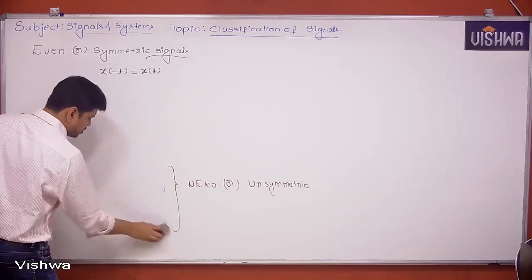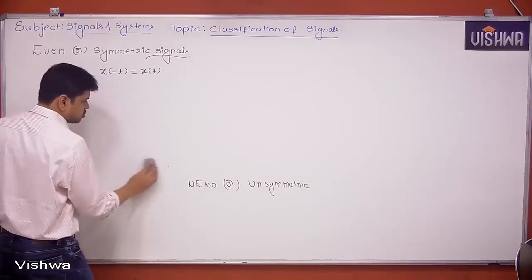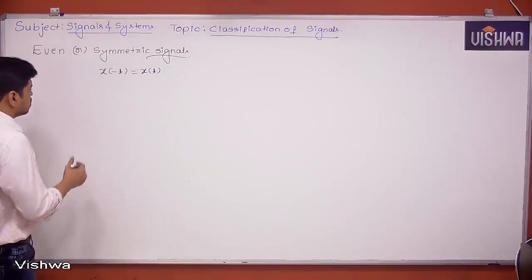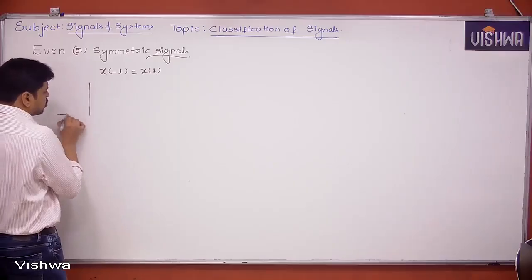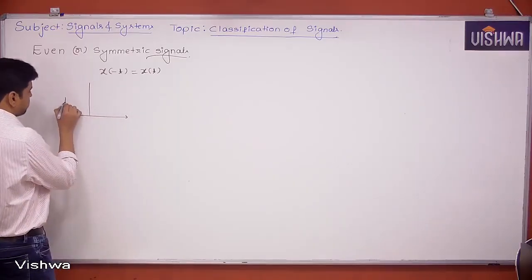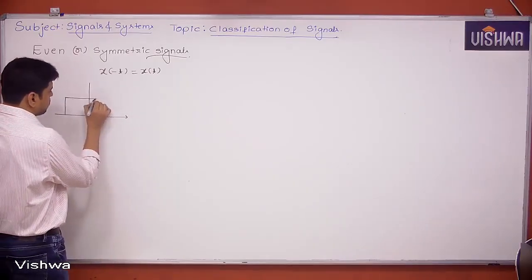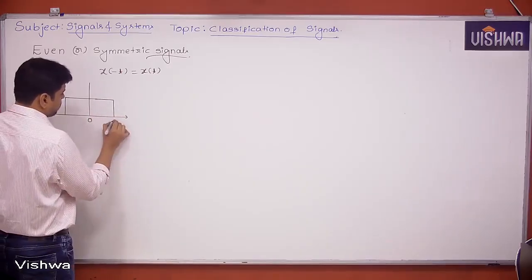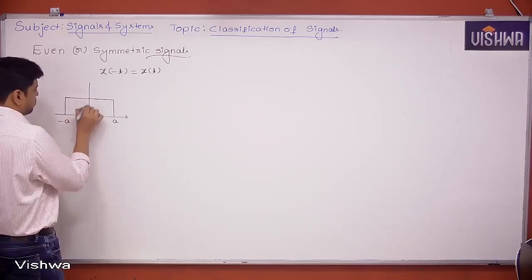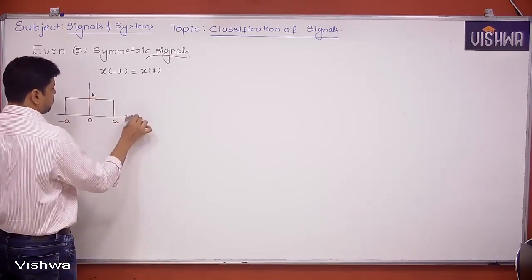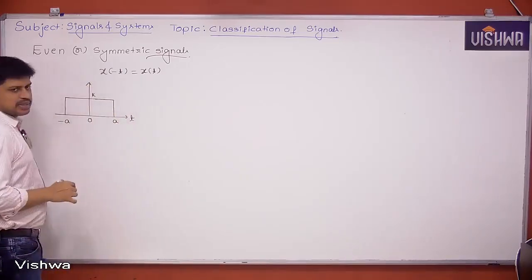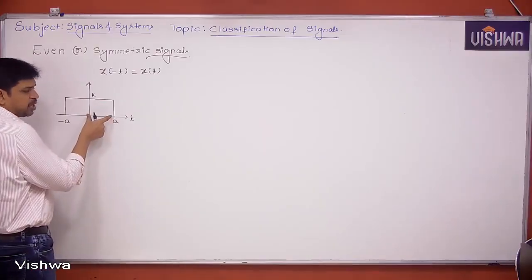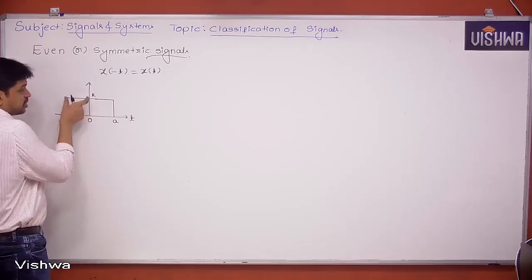Let's see some examples. If a waveform looks like this, is it an even signal? Of course. Why? Whatever there is for the positive portion of time, the same thing is there for the negative portion of time.